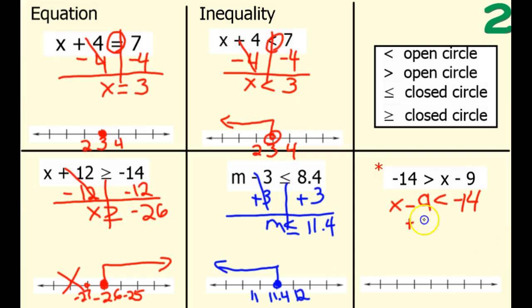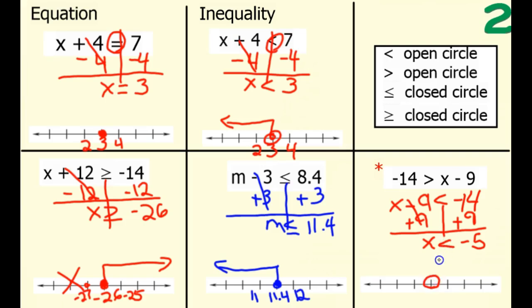So we add 9, and we add 9. Now these 9's cancel out. What we have left is x, negative 14 plus 9, which is negative 5. So x is less than negative 5. So we have a less than sign, no equal sign, so we draw an open circle.